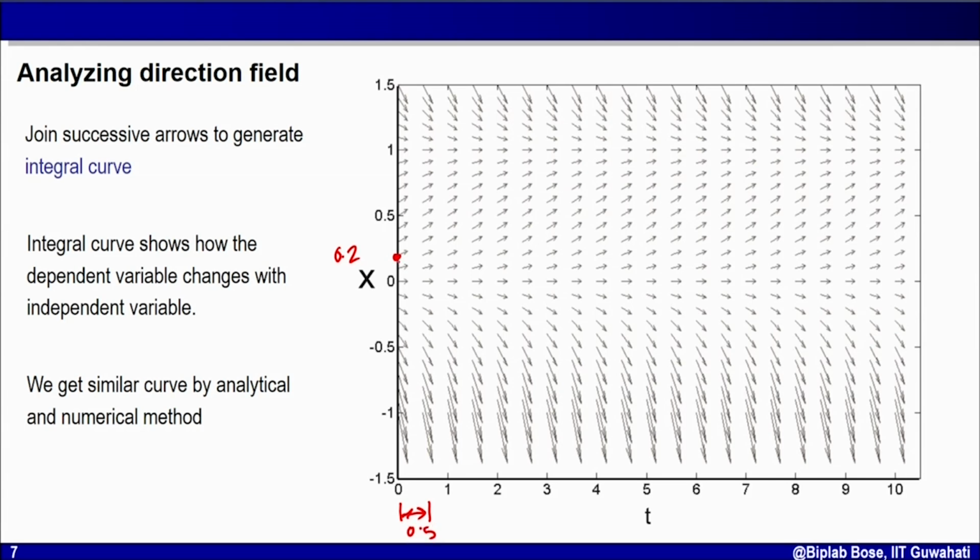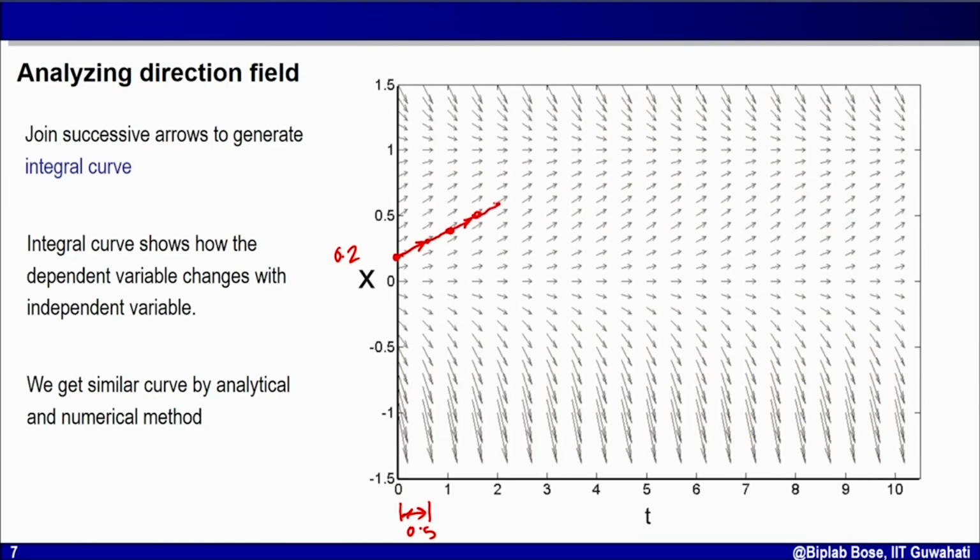So, if I start at this 0.2 position at t equal to 0, after 0.5 time, I will reach this point following this arrow. Then if I increment time further by 0.5, following this arrowhead, I will reach here. Then incrementing time further using the same arrowhead, I will reach there.